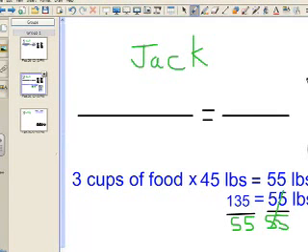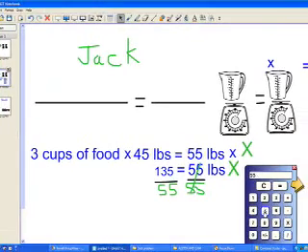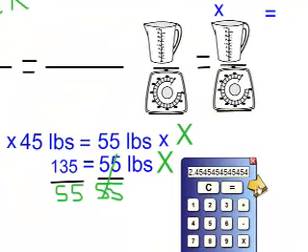Now these 2 cancel out. We're going to take 135, divide that by 55, and that comes out to my repeating decimal.